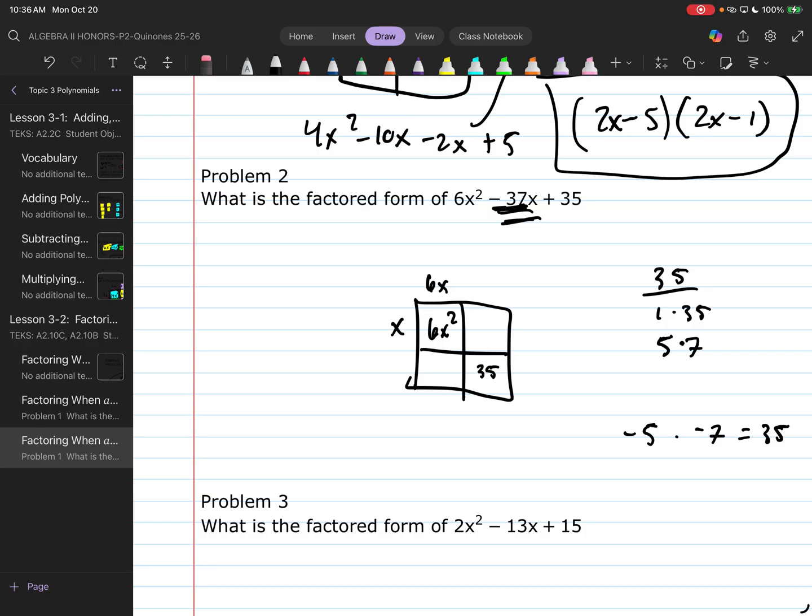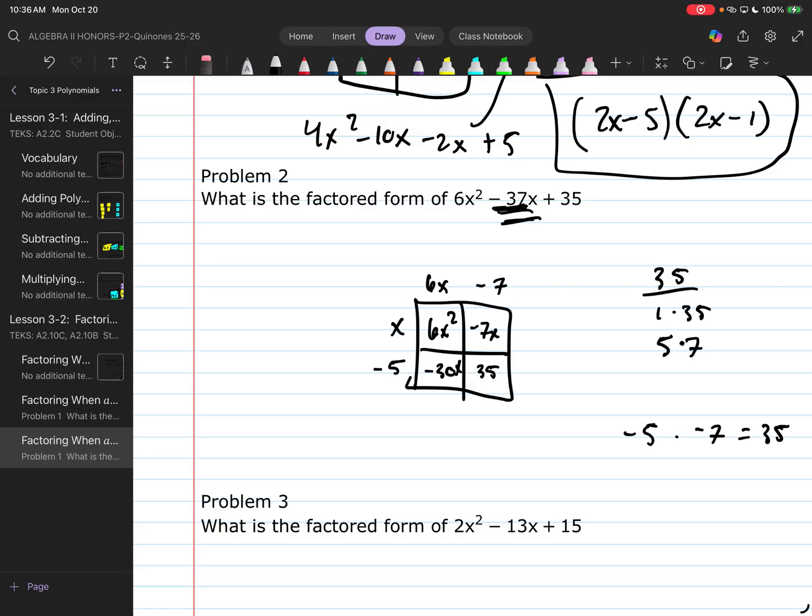Then the third part, okay, where do I put them to give me what I'm looking for? Negative 7 times here and negative 5 right here, would that have worked? Or actually, will it? This gives me negative 30x, and this gives me negative 7x.